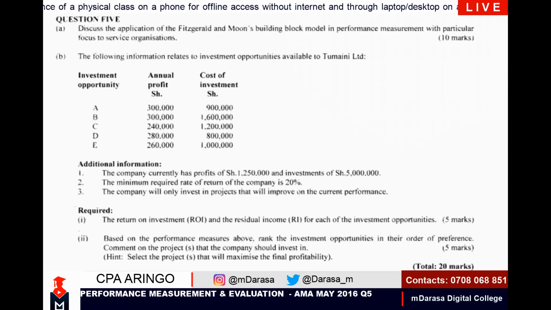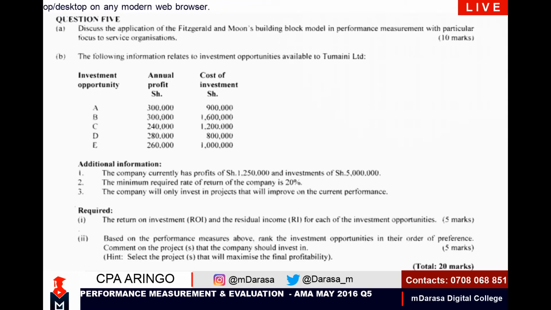In our additional information, note 1, the company currently has profits of 1,250,000 and investment of 5 million. Note number 2, we are told the minimum required rate of return of the company is 20%.